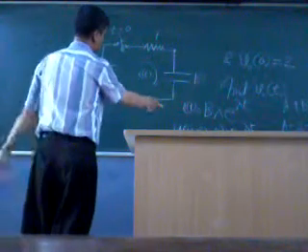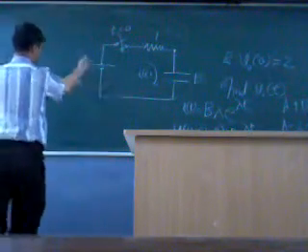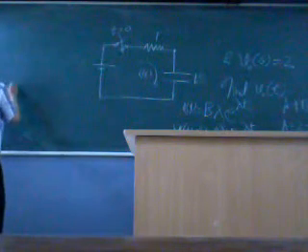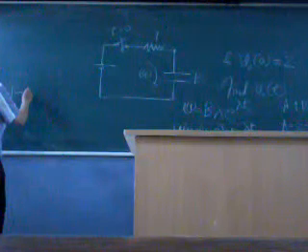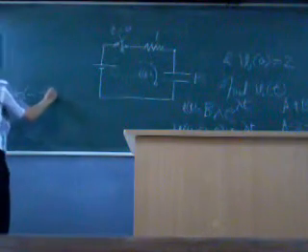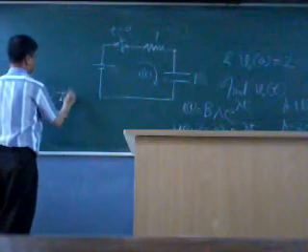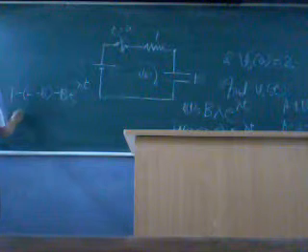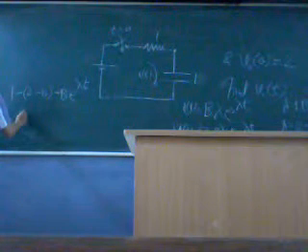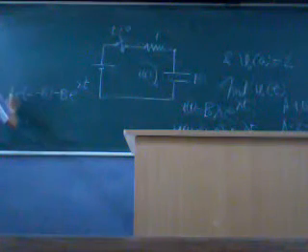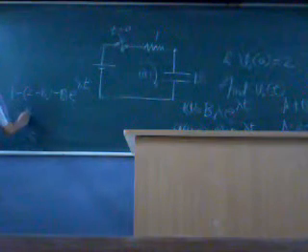Voltage across the resistor would be 1 minus 2 minus B minus B e raised to lambda t, that is equal to 1 minus 2, B minus 1.